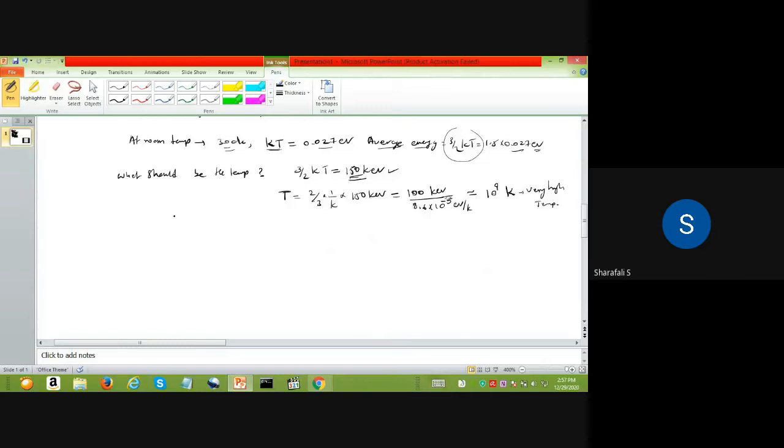All of it is happening inside the core. So how is it happening? We understood that the core of the sun has a temperature of the order of 10 raised to 7 Kelvin.